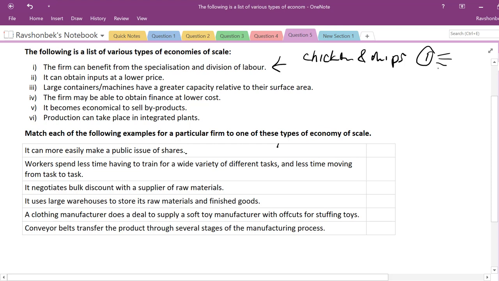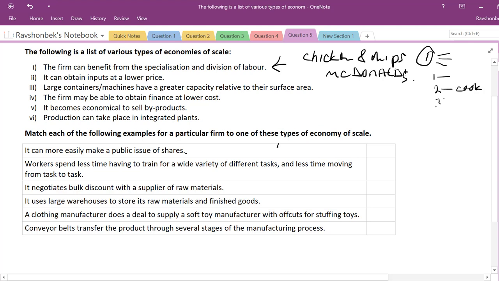The output will be lower as a result. He's not able to produce as much. But if you go to McDonald's, you will most likely see several people. There's one person for the cashier, till job. The second person will be dealing with cooking.